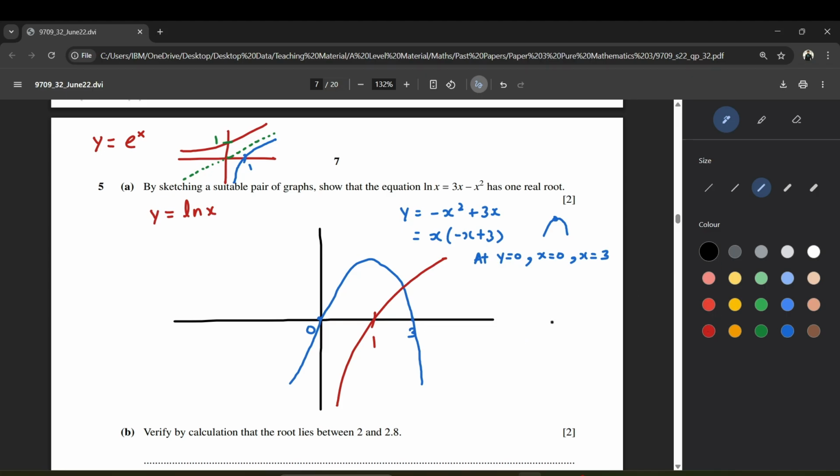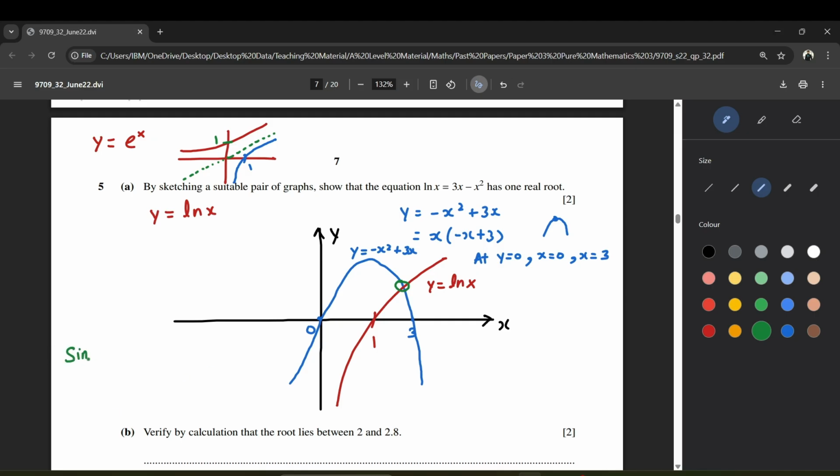Okay, so do not forget to label your graph. So this is y equals ln x, and this is y equals, let me write it here, minus x squared plus 3x. Okay, now is that enough to just show the graphs? No, you also have to mark the intersection. Just make a small circle over here and give a conclusive statement.